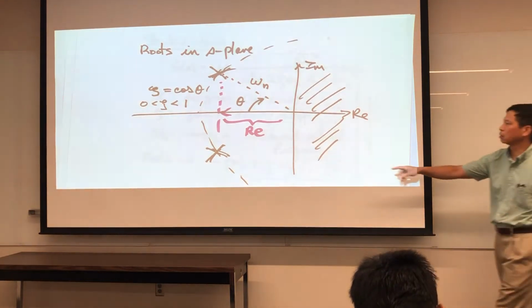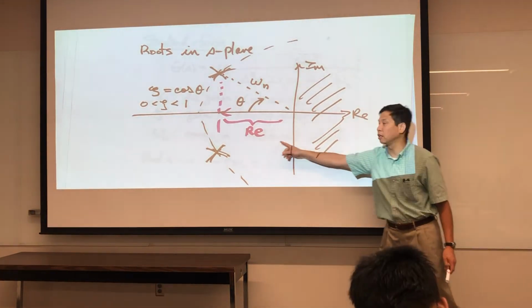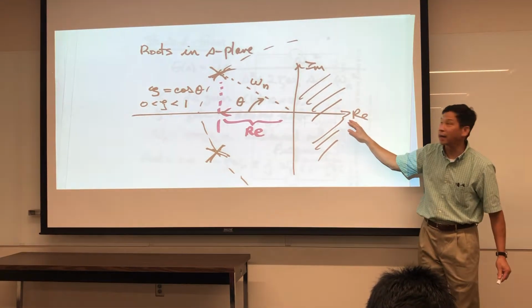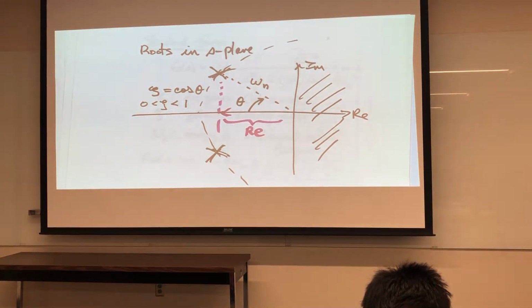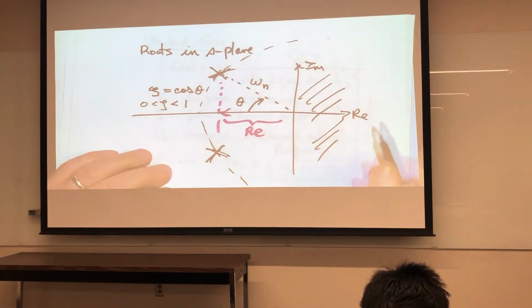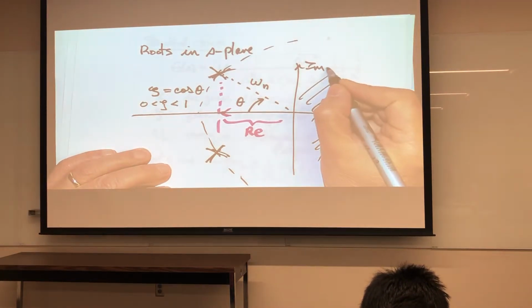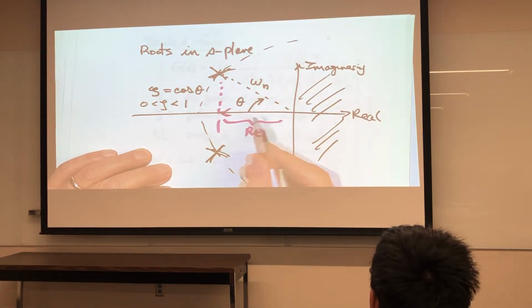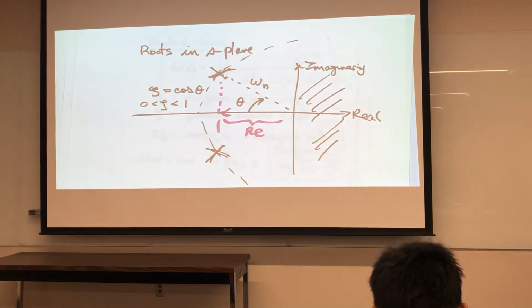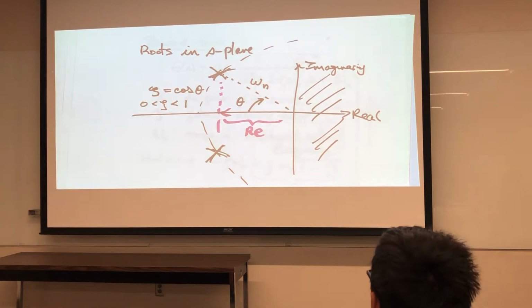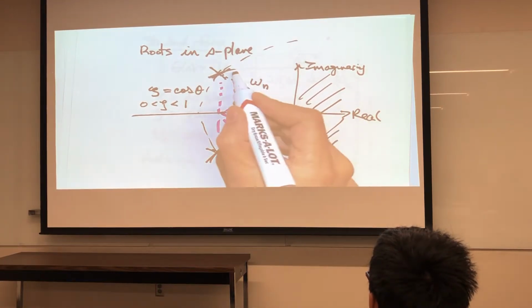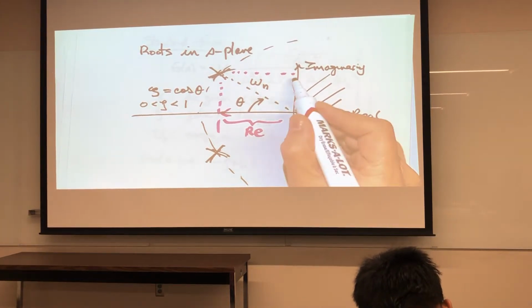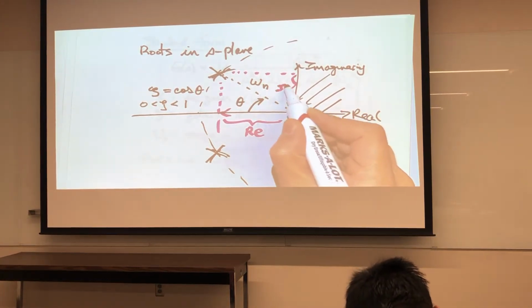Don't confuse this RE that's pink with this RE which is black. This is just labeling the real axis. Let me change that. Let me call this the real axis, and this the imaginary axis. This is the value along the line here. I could also say how big it is this way. I'll call this distance imaginary.